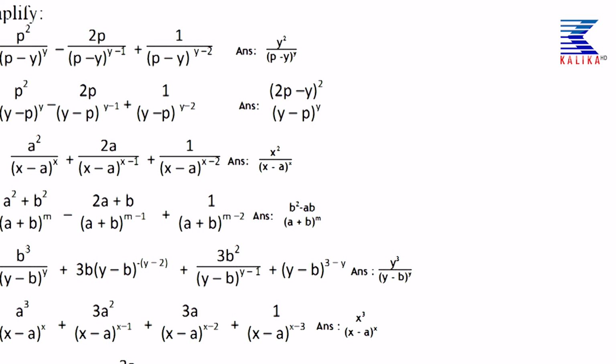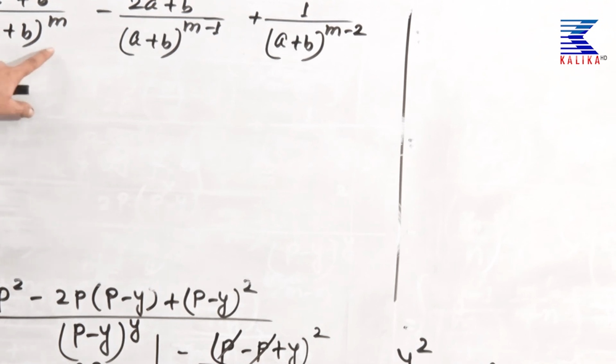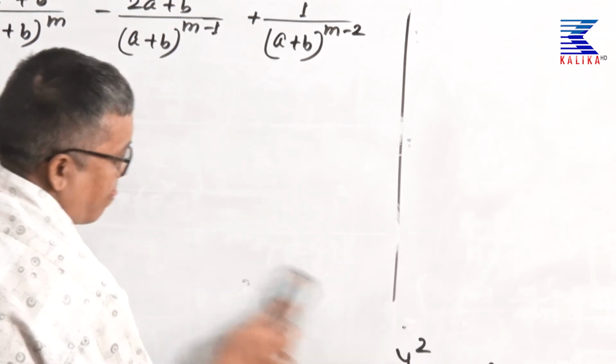Let us check the question one time. (a square plus b square) over (a plus b) to the power m, minus 2(a plus b) to the power m minus 1, plus (a plus b) to the power m minus 2. Okay.